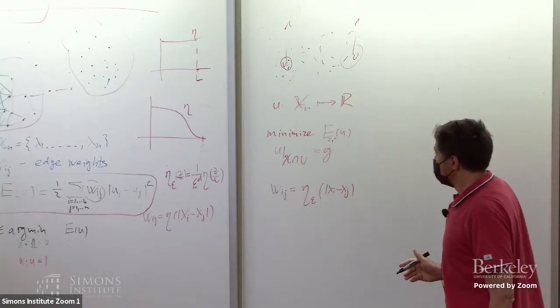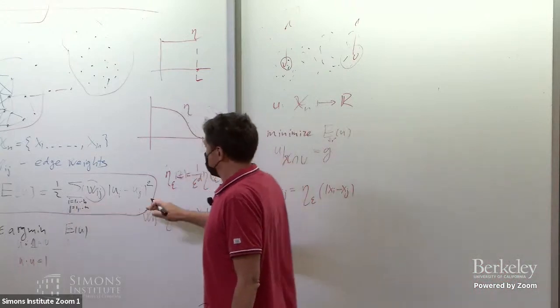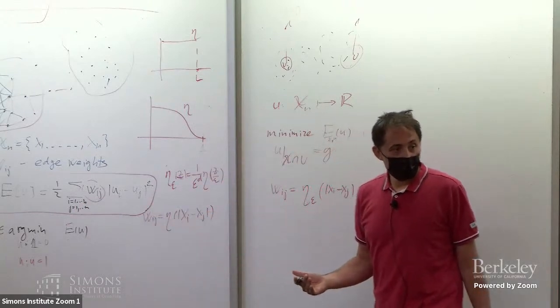Well, we know that this is a simple quadratic functional. I could do the first variation and write what is the Euler-Lagrange equation.